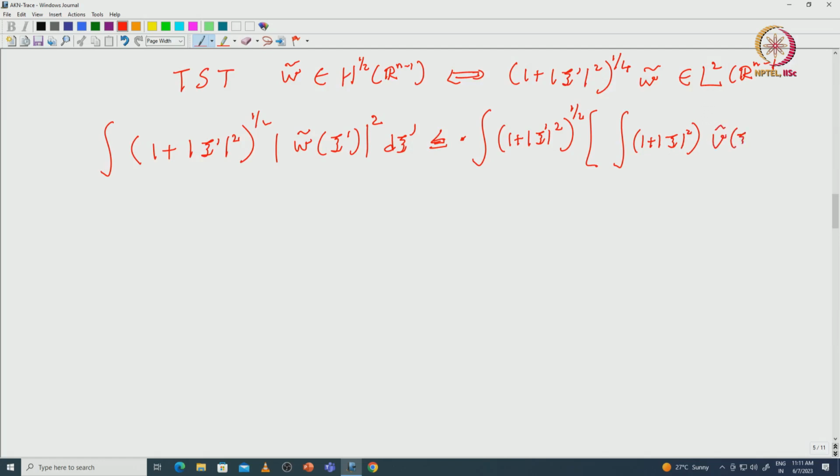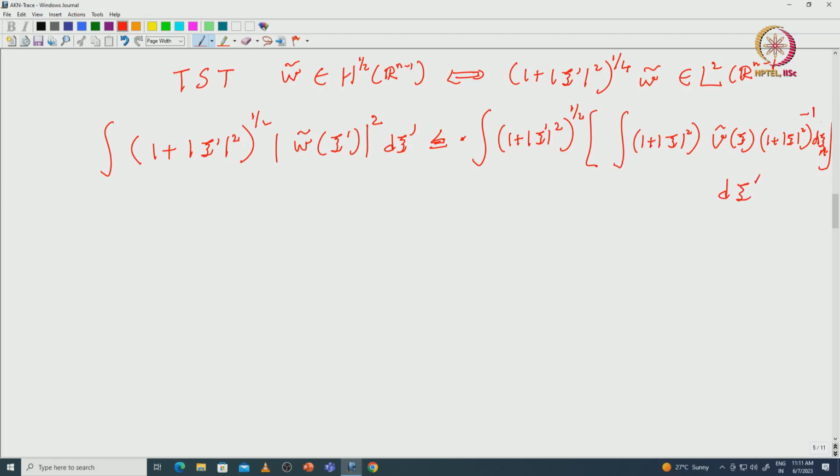I am just substituting my previous definition of V hat, with modulus of psi square whole power minus half, and this integration is only d psi n, keep it in mind, and then outside you will have an integration over psi prime.